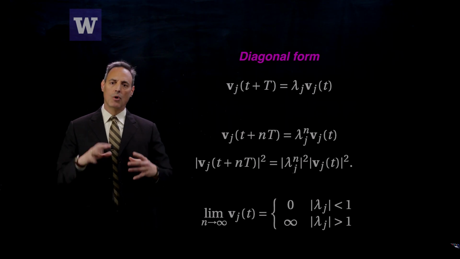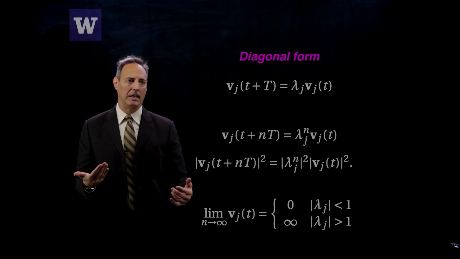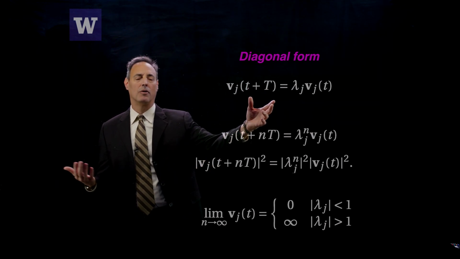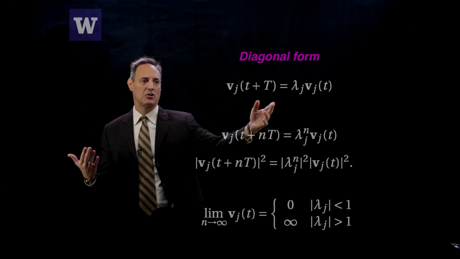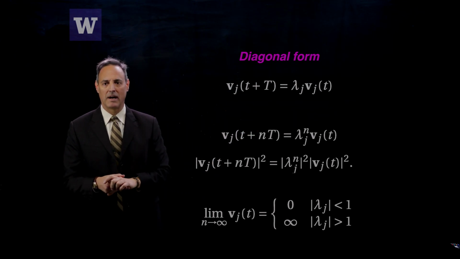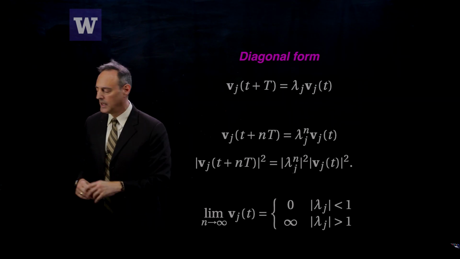So you can see we've reformulated this stability problem as sort of an iteration on this mapping. So in some sense, this is your flow map right here for this system. All you have to do is multiply it by the eigenvalue lambda_j. That is the flow map in this coordinate.